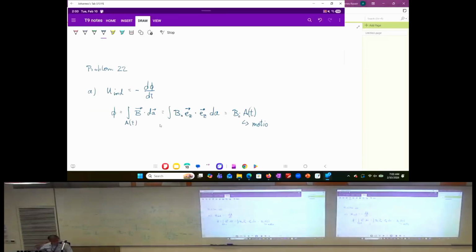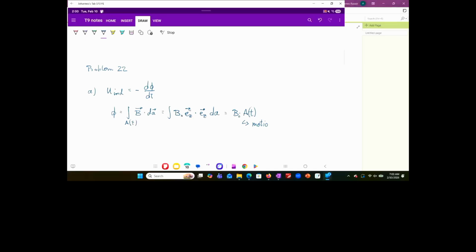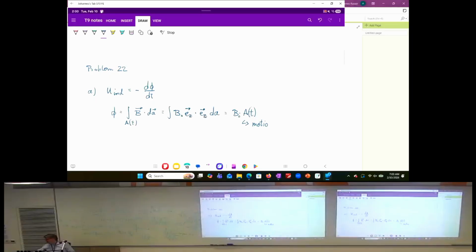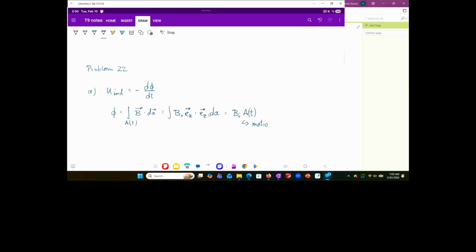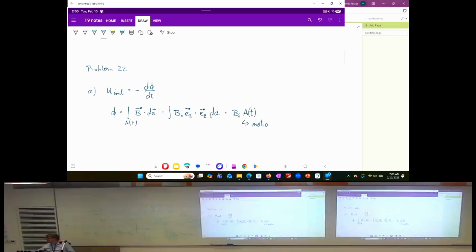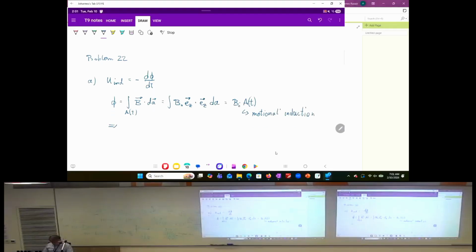So this is problem 22. You take the induced voltage as a time derivative of the flux. You are integrating over the area, which is a function of time. B is constant in Z direction. The area element is also Z directed. And so you have this motional induction.